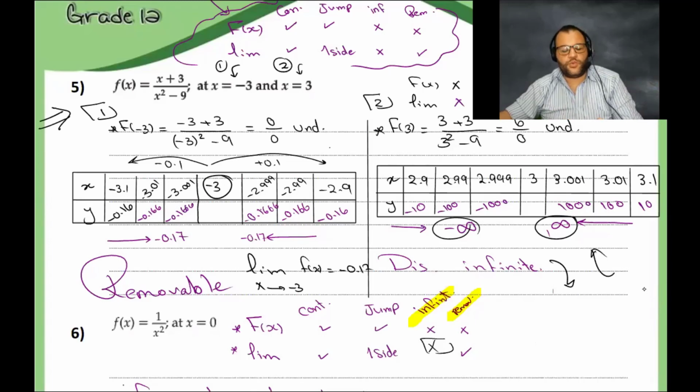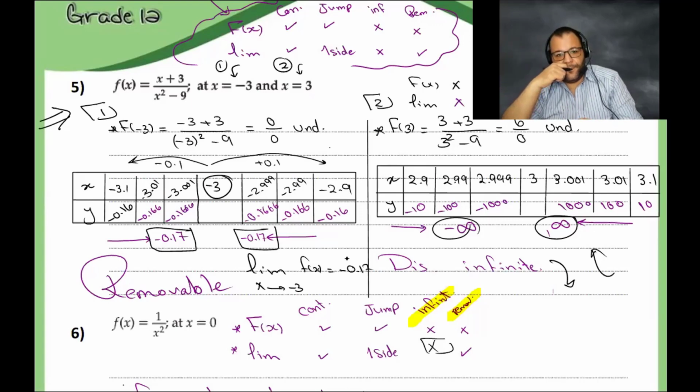They will never meet at one number, which is a problem. But for this one, both are going to the same number. From left, it's going to negative 0.17, and from right, it's going to negative 0.17. So it means there is a limit. That's all.